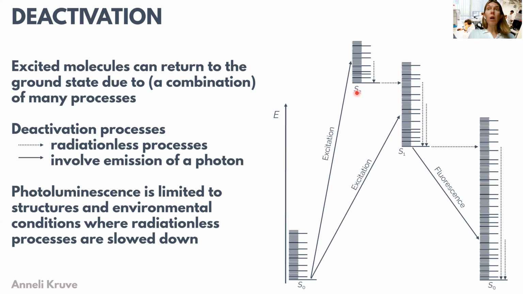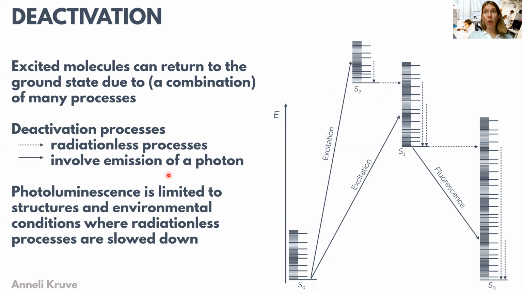Now, when the molecules are in the excited levels, there are a number of different mechanisms by which the molecules can return back to the ground state. We will have a look at these processes on the following slides. On the scheme, we will denote the deactivation processes depending on whether they are radiationless, meaning that no quanta are emitted as a result of these processes, or whether they do involve emission.